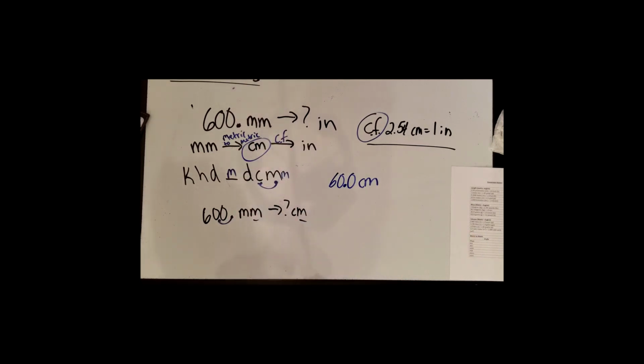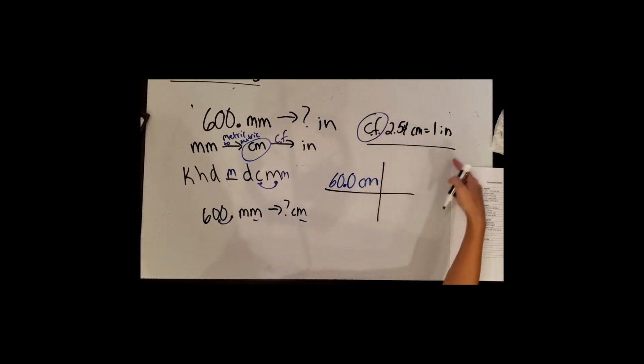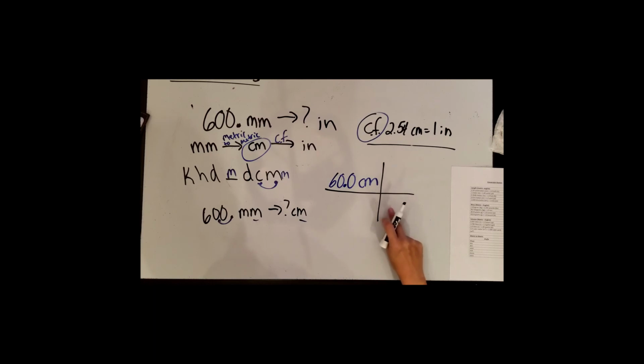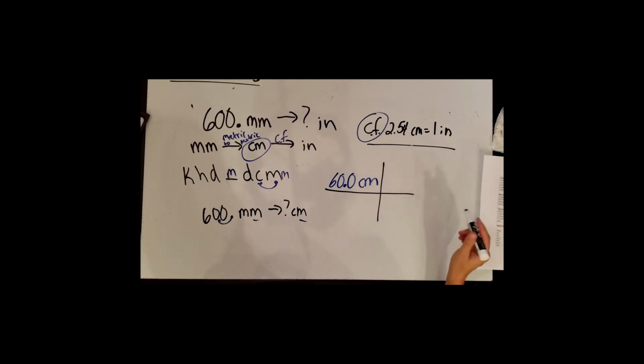So I'm here at centimeters. So now I can use my conversion factor, do my railroad track method to get from centimeters to inches. So taking this conversion factor, I need to figure out what goes on top, what goes on bottom. Do I want centimeters on top or centimeters on the bottom? I'm trying to get rid of centimeters, so it's going to go on the bottom.